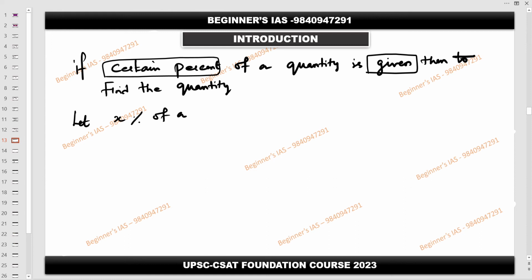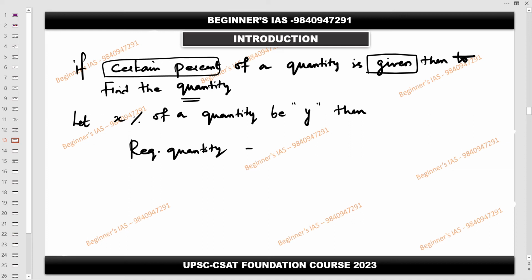So x percentage of a quantity is given. That given value, take it as y. Then to find the required quantity, the required quantity is equal to y by x into 100.